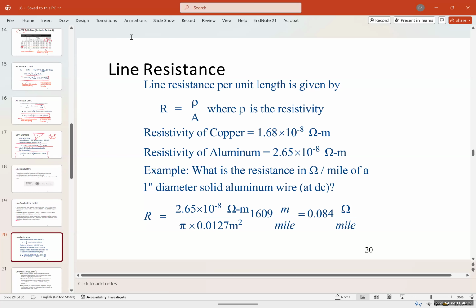So line resistance per unit length is given by R equals rho over A, where rho is the resistivity. Do you remember what the equation for resistance was?